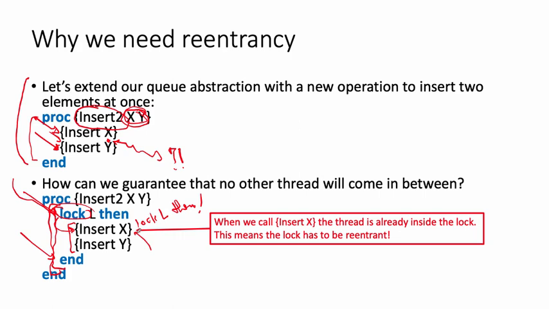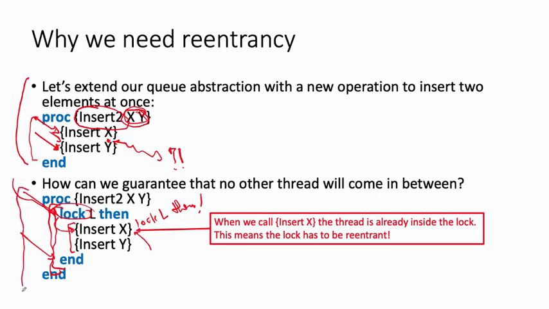It should be acceptable because we're already in. And that's what a reentrant lock does. Reentrant means that if you're in the lock, you're allowed to enter again. Sometimes people put the word thread before. Sometimes it's called a thread reentrant lock. That means if a thread is inside the lock, it can go in again.